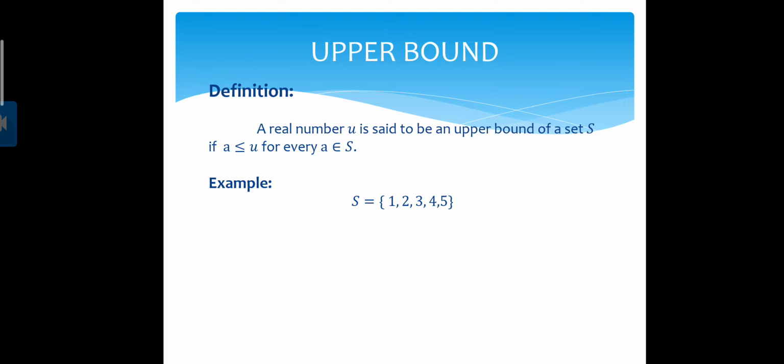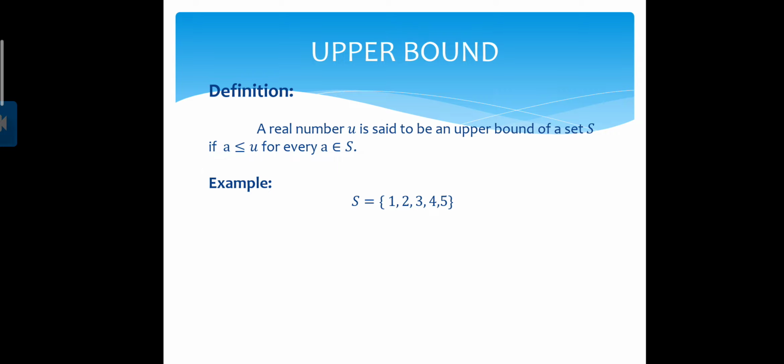Therefore 6 is an upper bound for this set S. Similarly, you can take any integer greater than 6, like 7, 8 and so on. You can find an infinite number of upper bounds for this set.